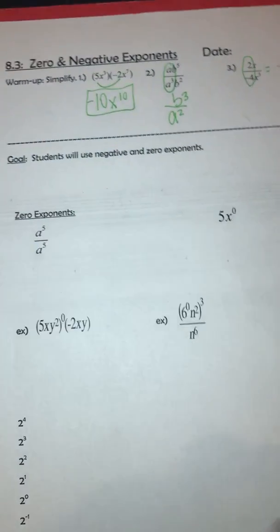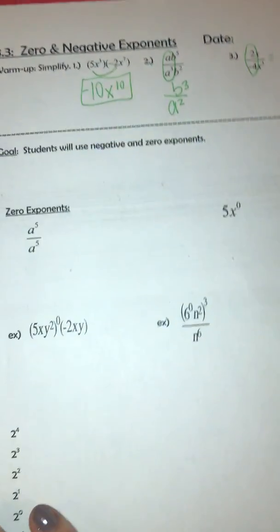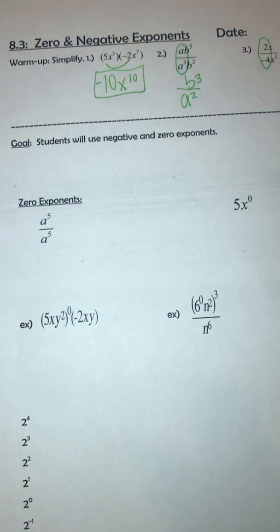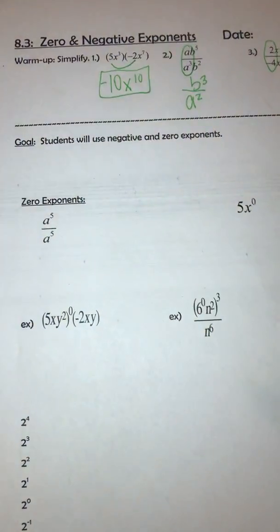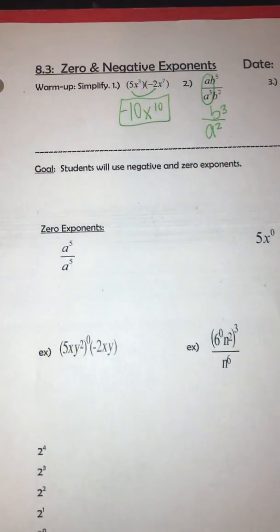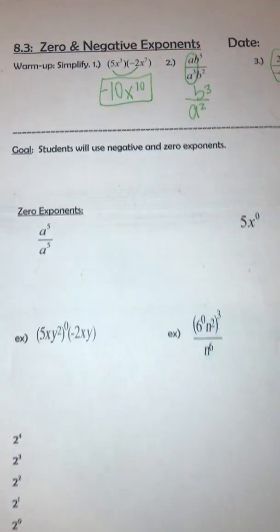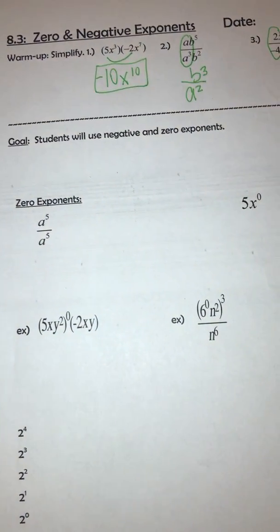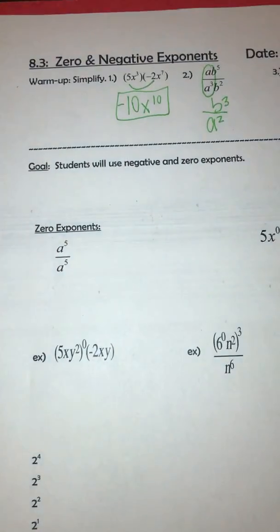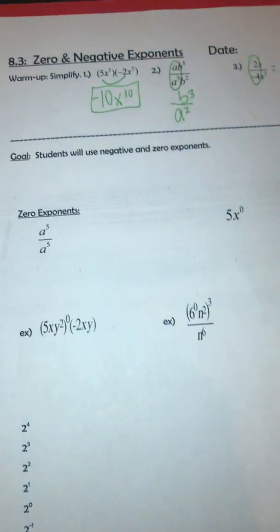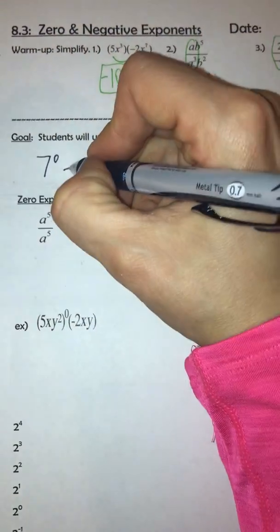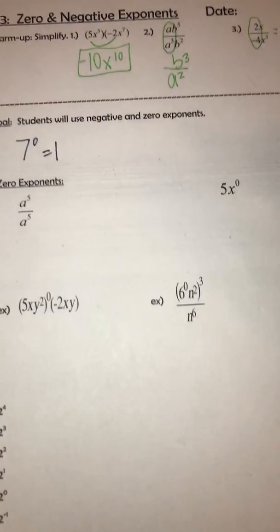So today we're going to talk about negative and 0 exponents, and that's a little bit of a confusing concept. If you put it in your calculator and try to see what it tells you about a 0 exponent, like 7 to the 0 power, your calculator will say 1.